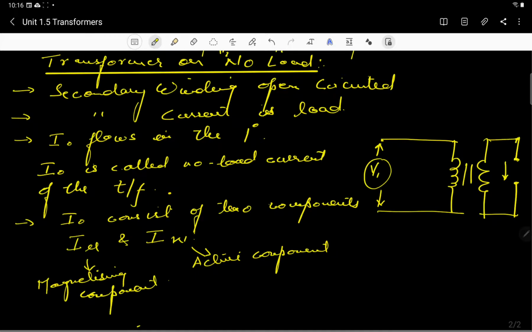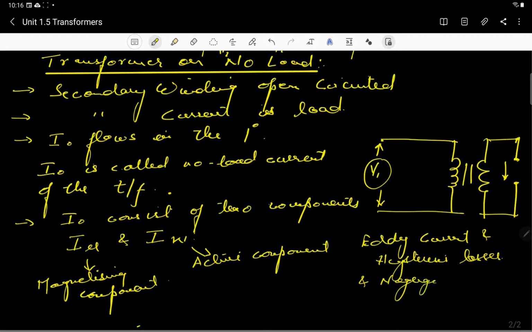This IW supplies the hysteresis and eddy current losses in the core, and the negligible I square R loss in the primary winding.